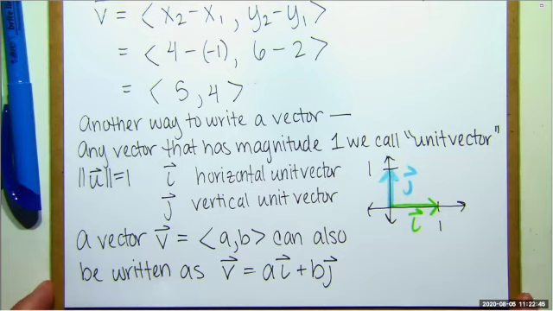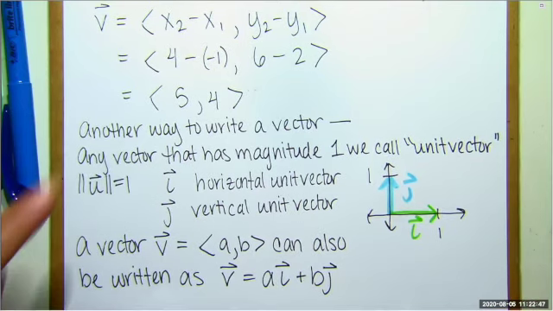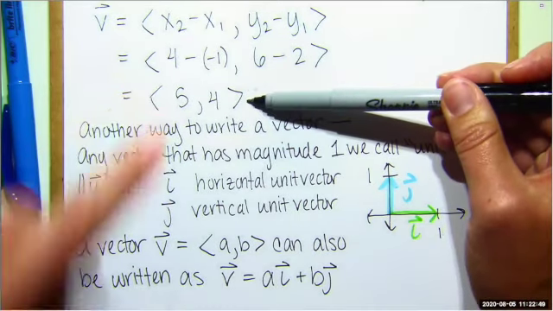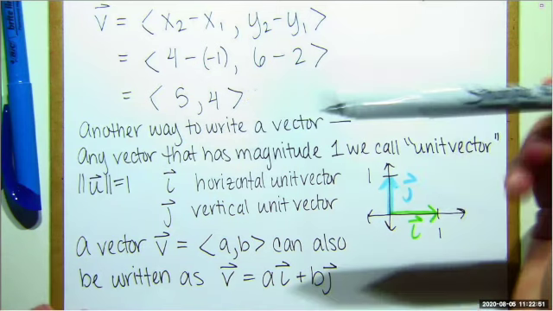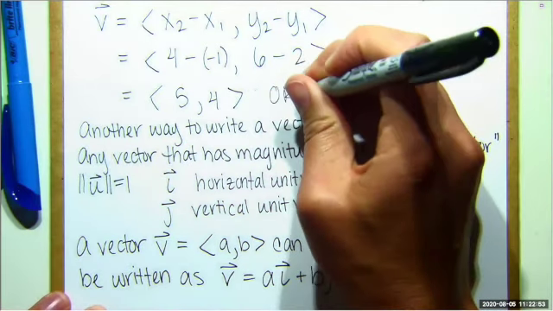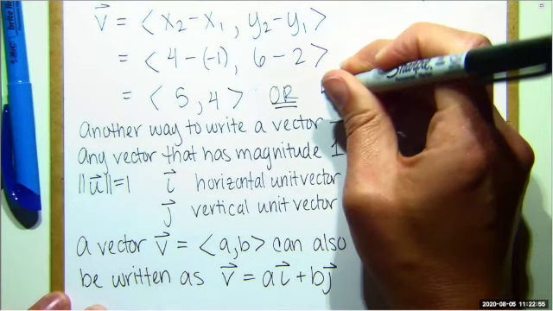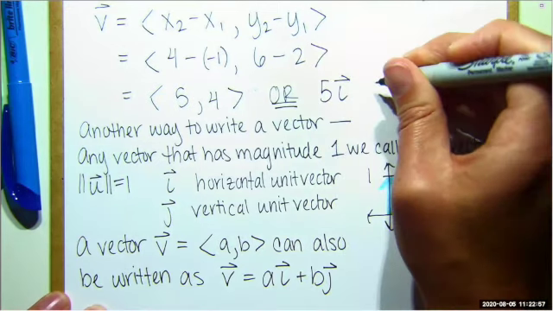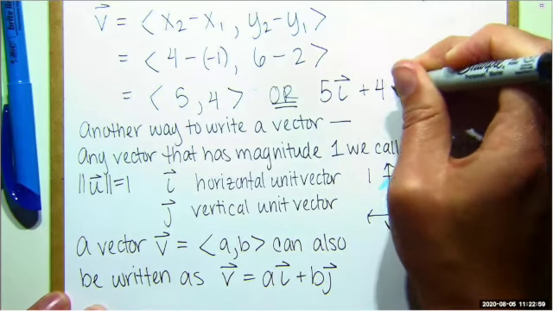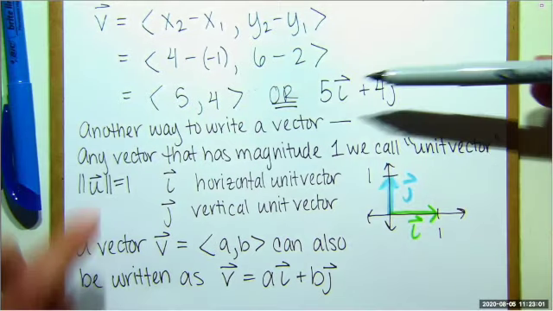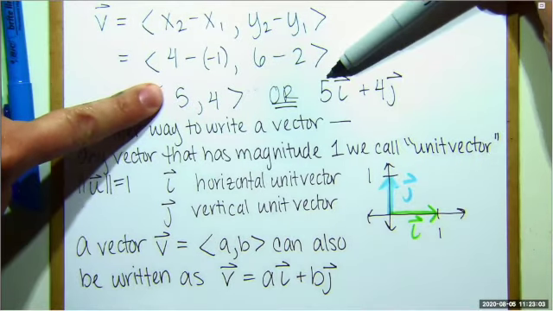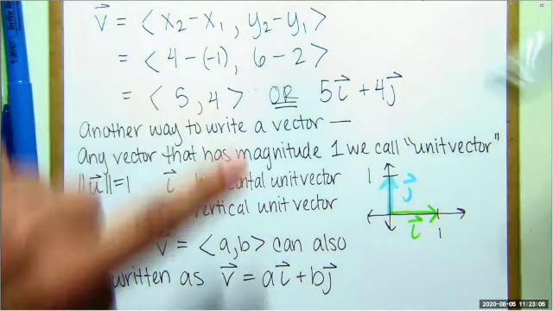So if we go back up to our previous example, here I have a vector written as 5, 4. Or the other way of writing this, I can write it as 5 times i plus 4 times j. These 5s are still our horizontal component. These 4s are still our vertical component.